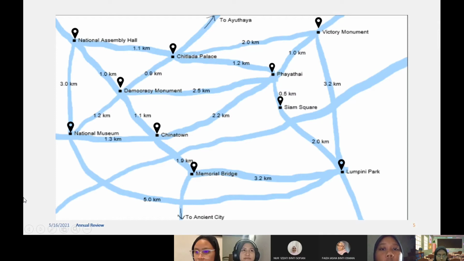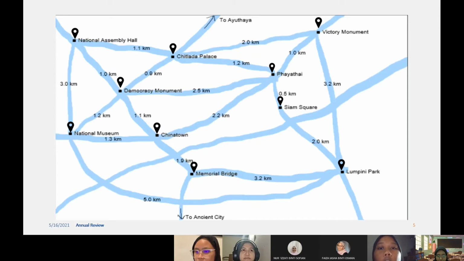So we need to choose the least amount between the four available routes. Here, the shortest route is between Payatai and Victory Monument, which is 1.0 kilometer. Therefore, the next vertex after Payatai is Victory Monument.